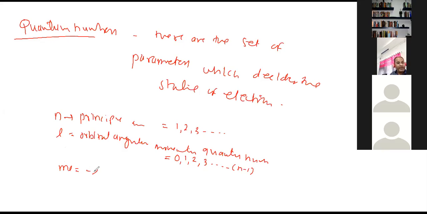It has values minus l, next value minus l plus 1, next value minus l plus 2, and so on up to 0, then up to l minus 1, and the last value will be l, or plus l.